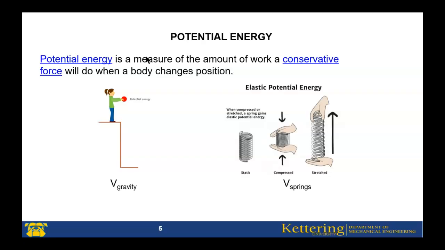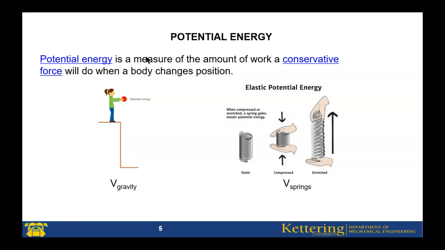For example, if you release a ball from some height, by the time it reaches the ground it has some potential energy. Or if you compress or stretch a spring, the spring also has a potential. All of you have potential. Okay, and this is here.